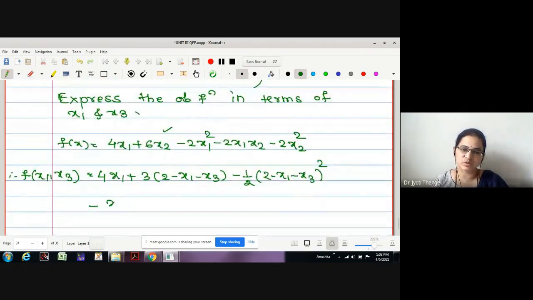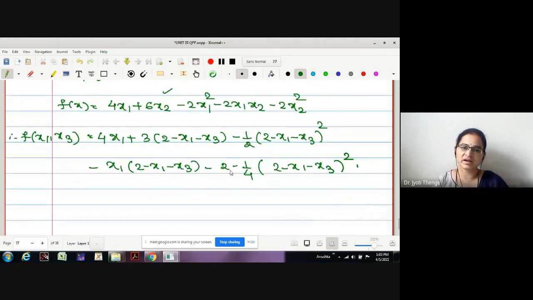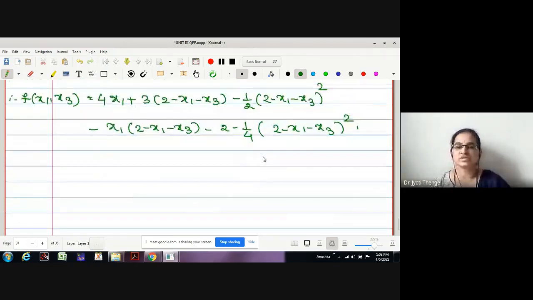Therefore this is x1 into 2 minus x1 minus x3, again minus 2x2 square. x2 square is again 1 by 4, right? This is 2 minus x1 minus x3 bracket squared. Here I can write half again, no? Half.